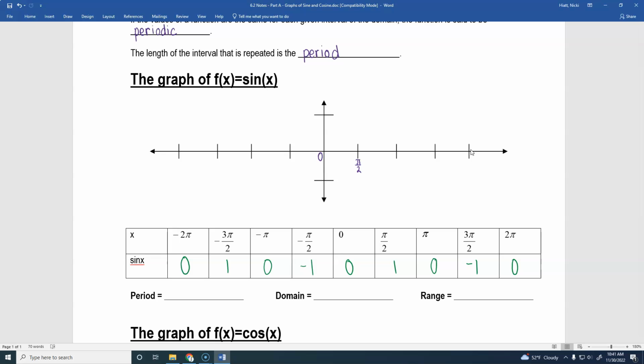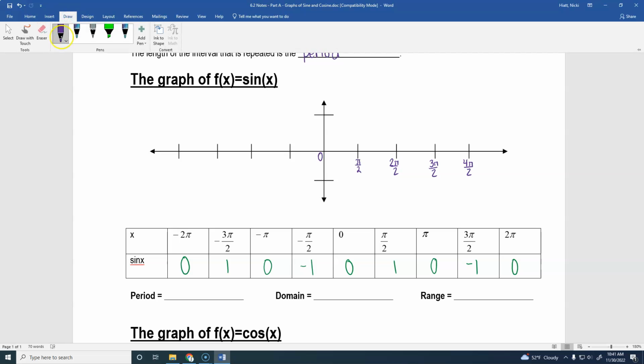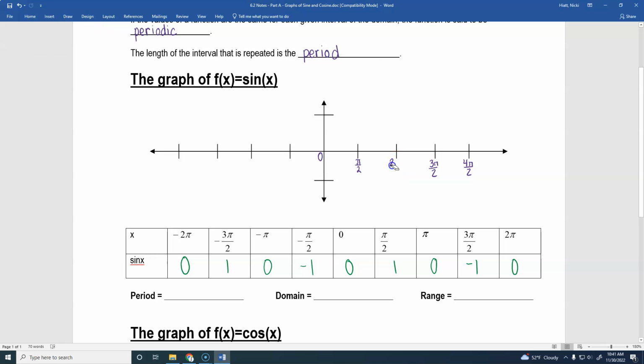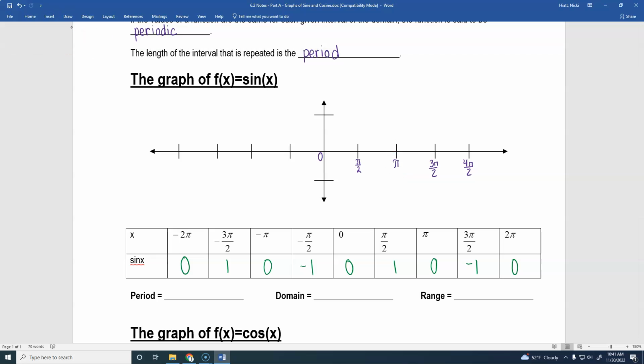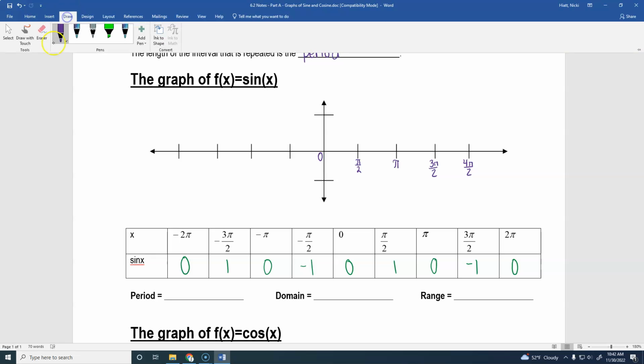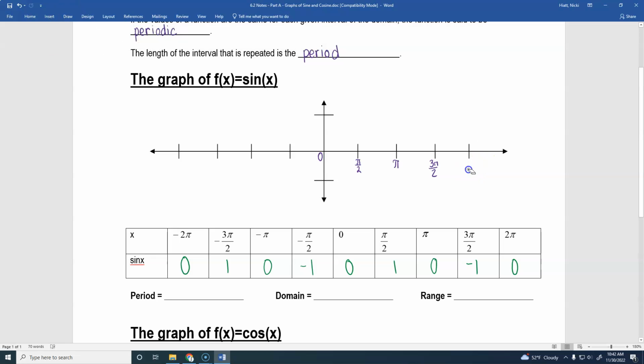If this first little tick mark is pi over 2, the second one is 2 pi over 2, the next one is 3 pi over 2, and the last one would be 4 pi over 2. However, some of these reduce, right? 2 pi over 2 is just pi, and 4 pi over 2 is 2 pi.